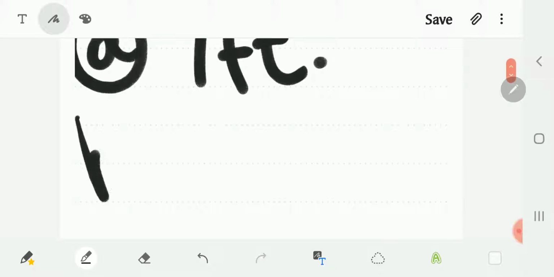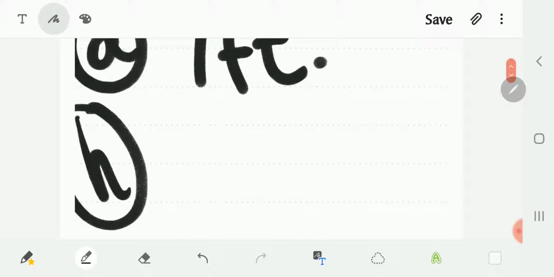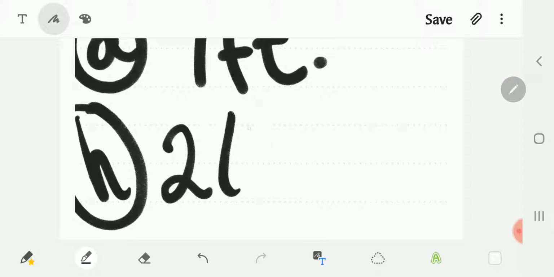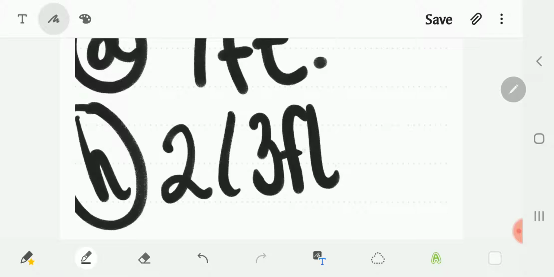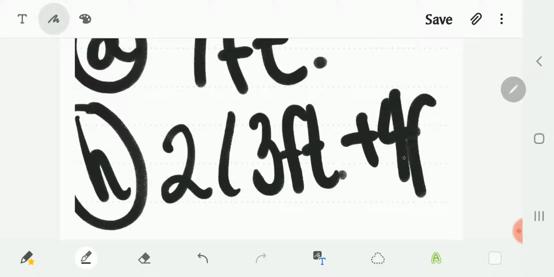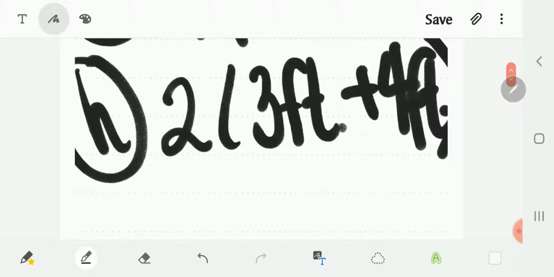Okay, continuing to practice, let's do letter H. That looks fun. We have 2 times, in parentheses, 3 feet plus 4 feet. From what we've talked about with order of operations, we know from PEMDAS that we have to do the parentheses first.